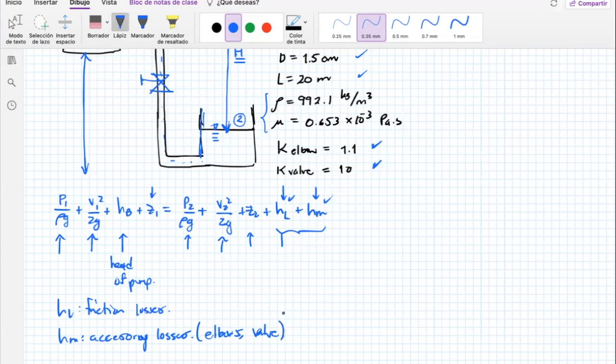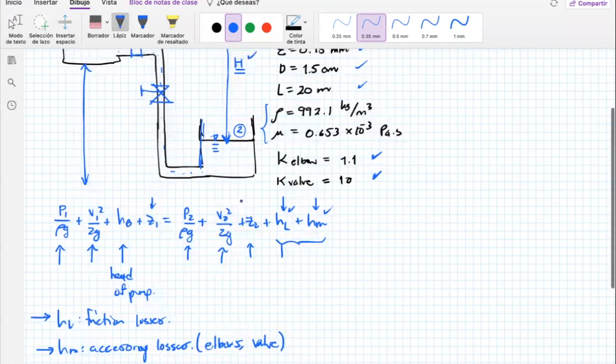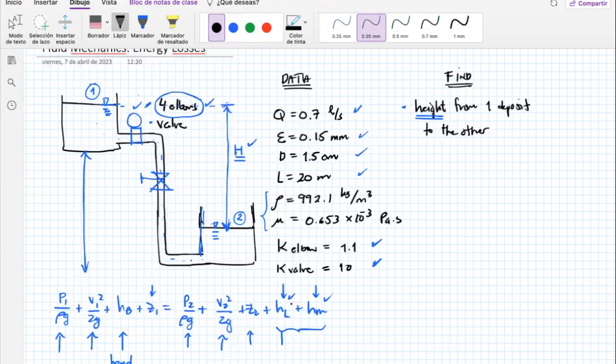Exits, outlets, inlets, all that type of thing will modify the trajectory of the particles of water or some other fluid there. It will produce these accessory losses. These friction losses are because of the friction with the walls. That's kind of the idea.